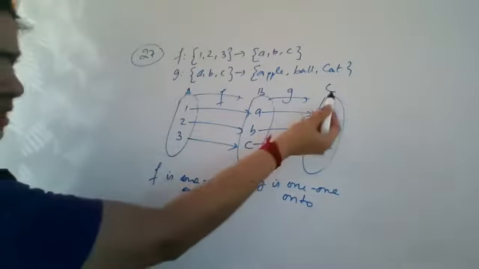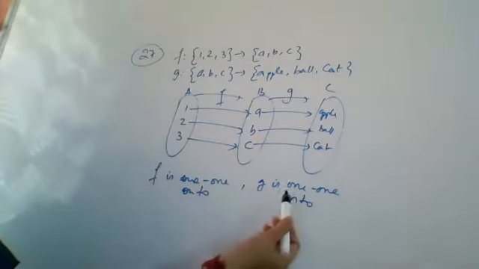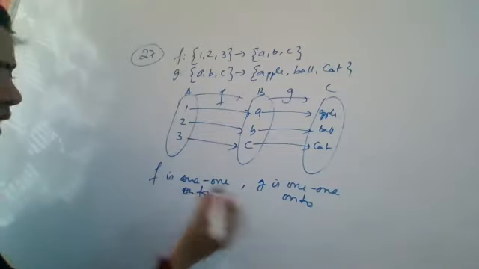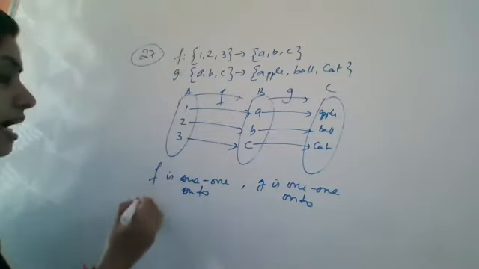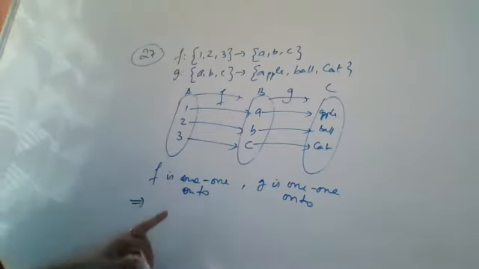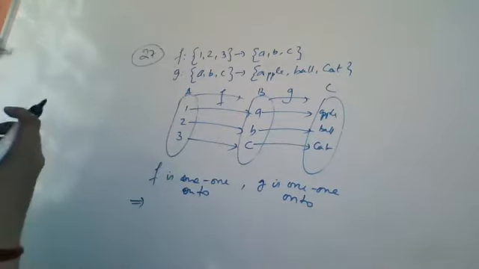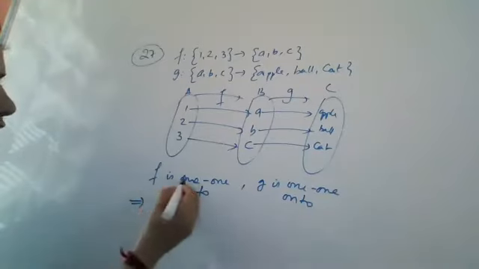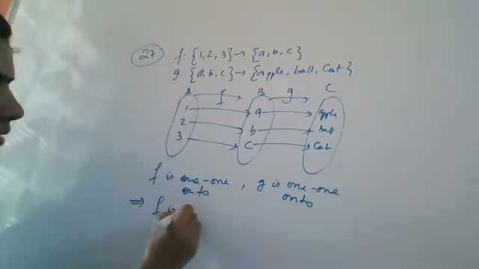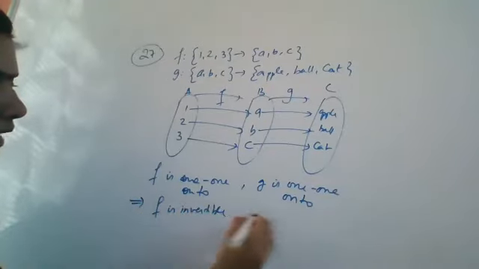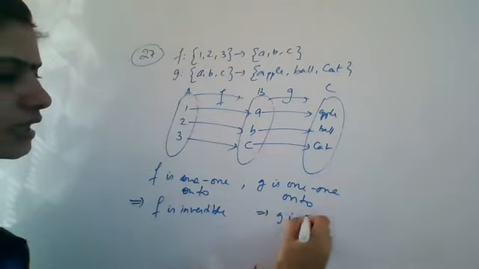Look at the second set, and for g also look at the second set: all the elements are participants. So you can say that both are 1-1 and onto. Now since they are 1-1 and onto, in order to show that they are invertible, it is enough to show that they are 1-1 and onto. It is an if and only if condition. So from this fact I can say that f is invertible, as well as g is invertible.